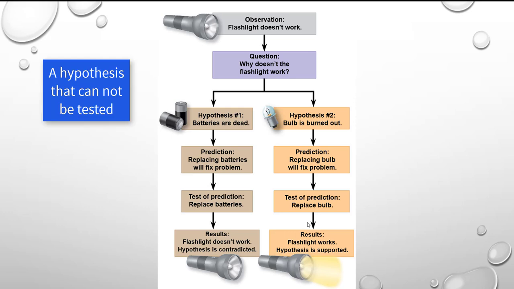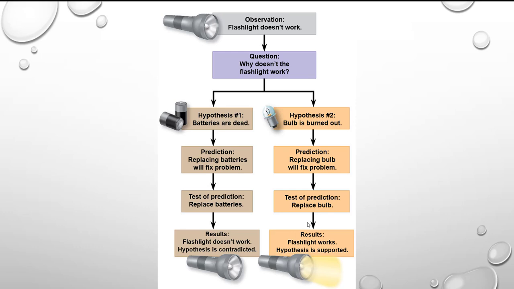Why doesn't the flashlight work? Because I don't like it. I don't know. Because God made it not work. That's not testable, right? Doesn't mean you can't believe in God or whatever. I'm not talking about your religious beliefs. It's just we can't test it.